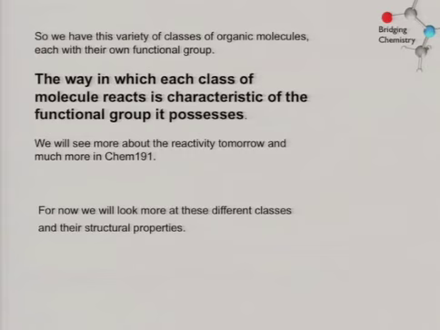So we have this variety of classes of organic molecules, and like I say, this is only a little bit of them. There's lots more than this. Each class has its own particular functional group. The way in which each class of molecules reacts is characteristic of the functional group it possesses, right?